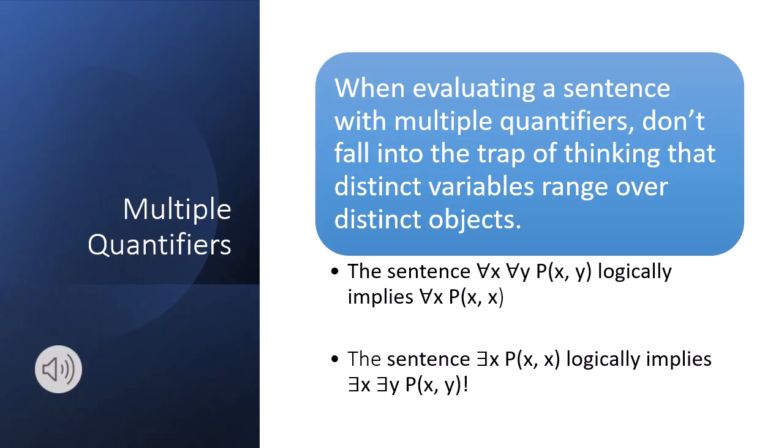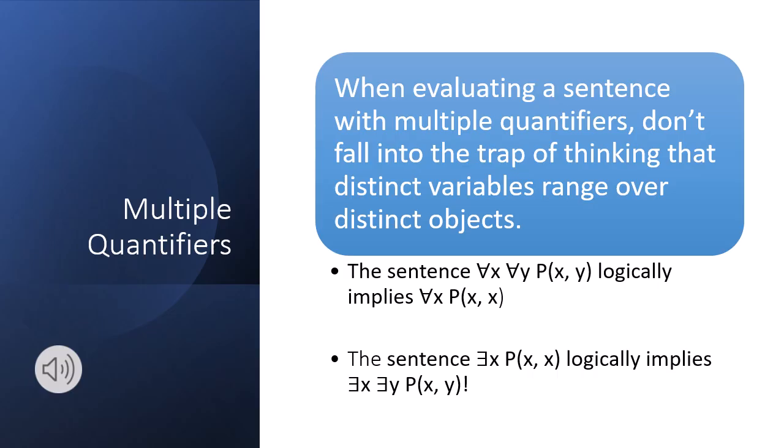Okay, so let's say a bit about what happens when we have multiple quantifiers and some of the pitfalls that students will often fall into when trying to understand the meaning of these particular sentences. So the first is here in this blue bubble.